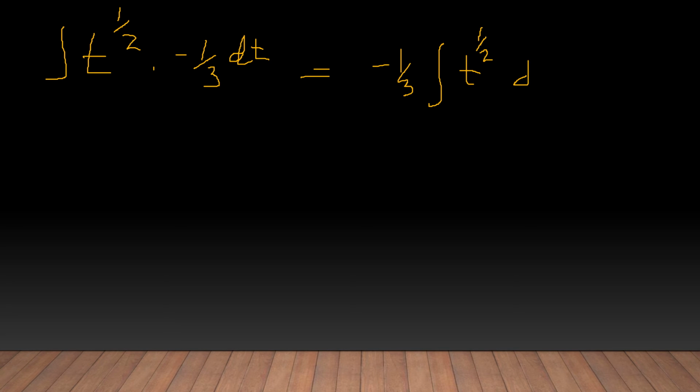You see, now it becomes a very simple and doable calculation, and you can see if we integrate this, we get negative 1 over 3 times 2 over 3, because you know what happens in direct integration. 2 over 3 t power 3 over 2.